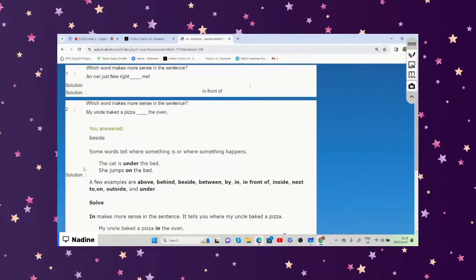A few examples of prepositions are above, behind, beside, between, by, in front of, inside, next to, on, outside, and under. So those are the prepositions, and they tell us either where something is or where something happens.